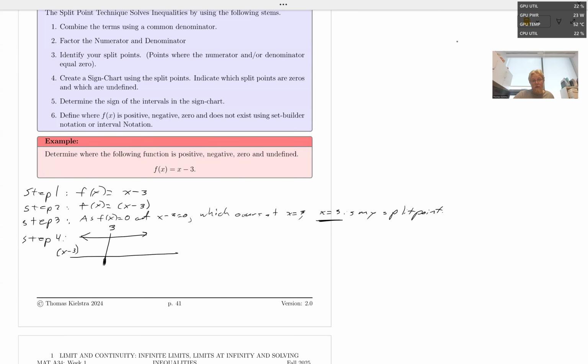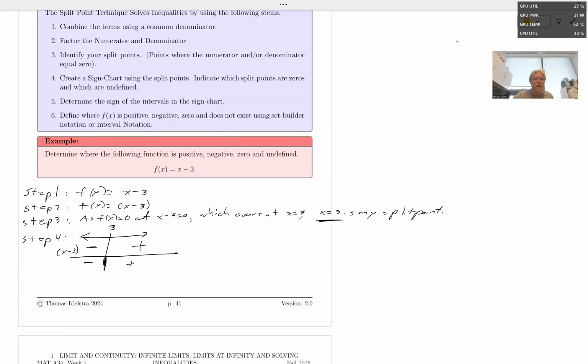The right end behavior, x minus 3, goes off to infinity, so this is positive. Then the left end behavior, x minus 3, the left goes negative. So it does change sign. It goes from positive to negative. And where does it change sign? About the split point of 3. So I would be positive here, and I'd be negative here.